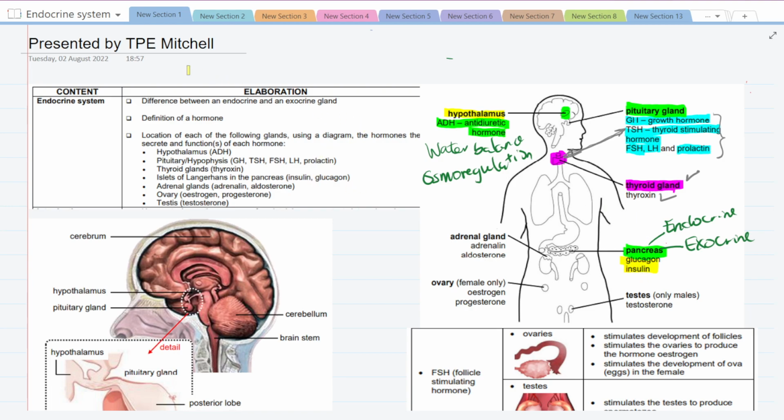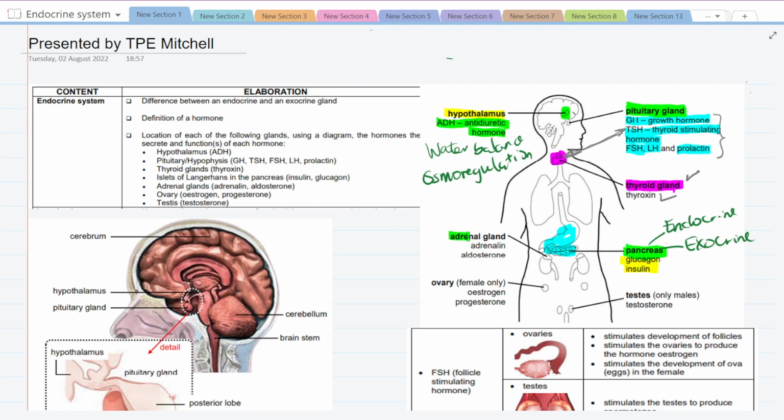Then what follows next is the adrenal gland. The pancreas is found just below your stomach there. I think it is along the small intestines, immediately after your stomach. Here's your stomach, so immediately after your stomach you have your pancreas. Then we are going to have what is known as your adrenal gland.